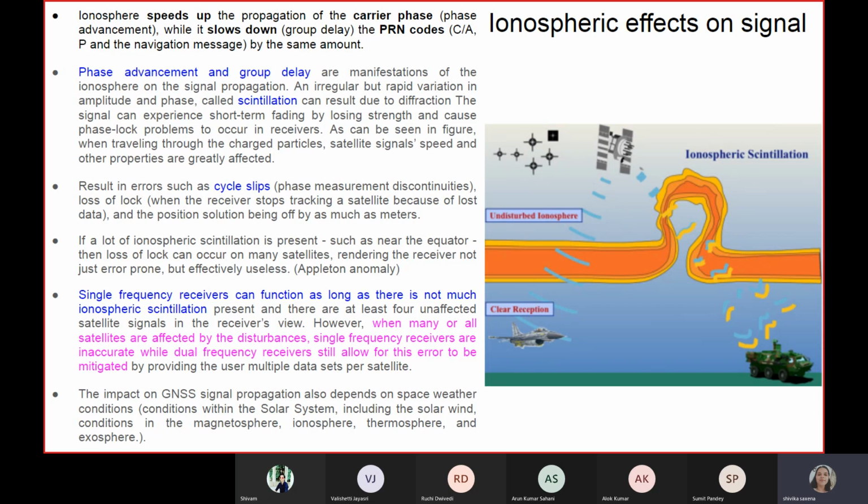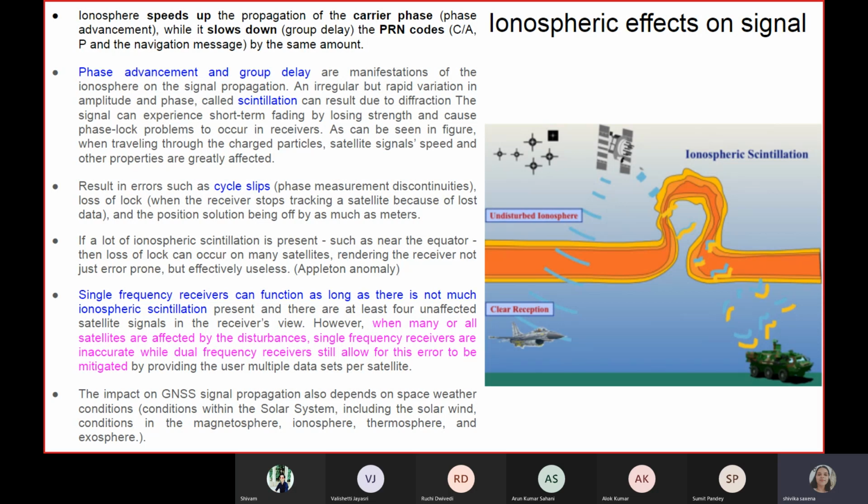So whatever the space weather conditions are, for example, solar flares, you must have heard the term solar flares, when the solar activity is very high and affecting the magnetism of celestial bodies. Okay, so all these things also affect the GNSS signal propagation.